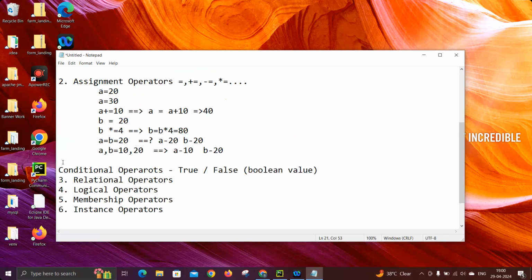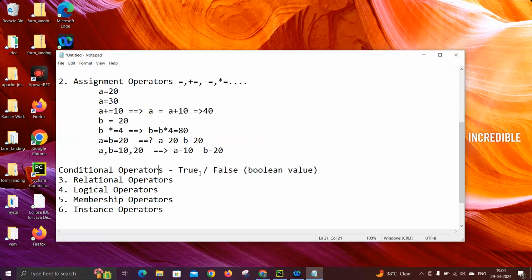Relational, logical, membership and identity operators always give a Boolean output, true or false, because they always take a condition. The condition will be executed and it will return the outcome. If the condition is satisfied, it will return true. If the condition is not satisfied, it will return false. Likewise, all these types of operators return a Boolean only as output.